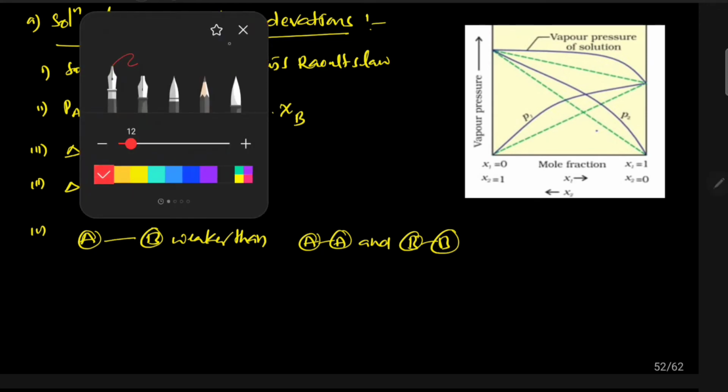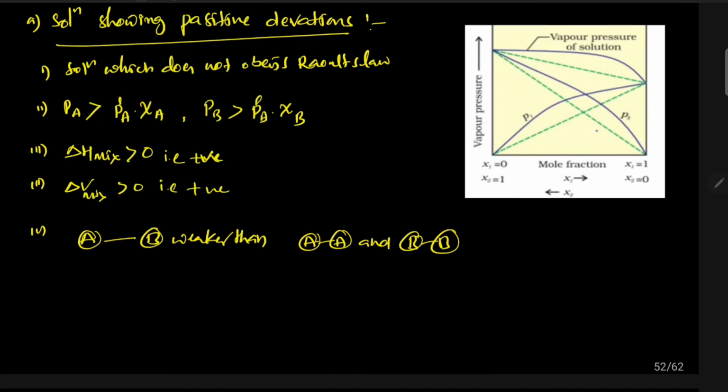Look at the graph, plotted between vapor pressure and mole fraction. This is P naught A, this is P naught B, this is PA, this is PB.